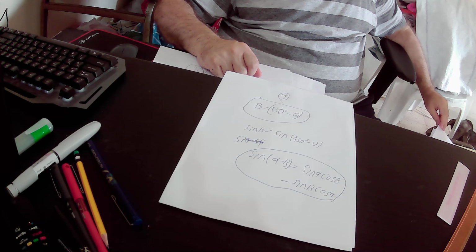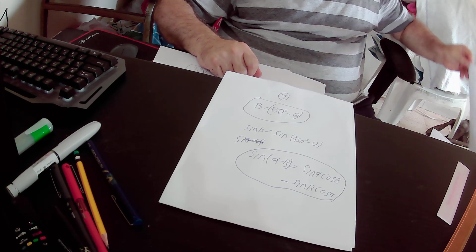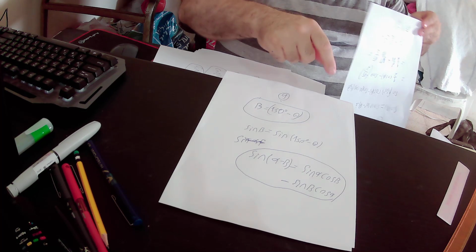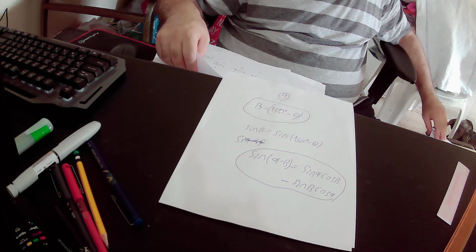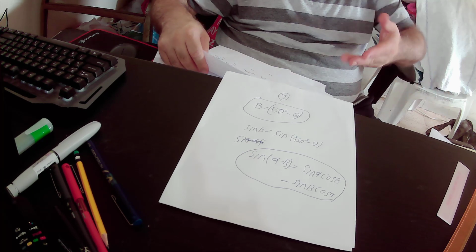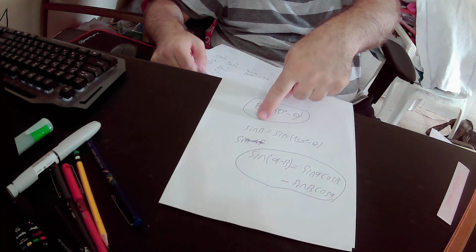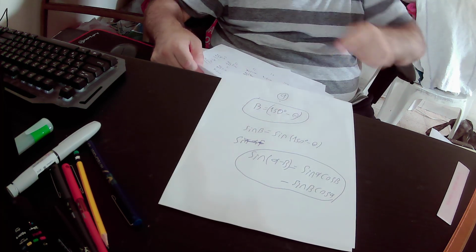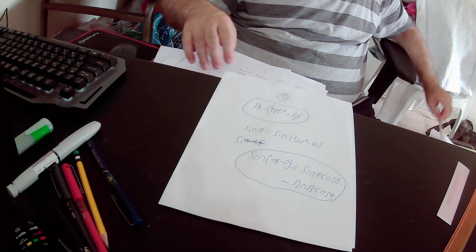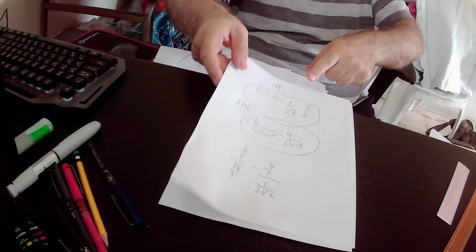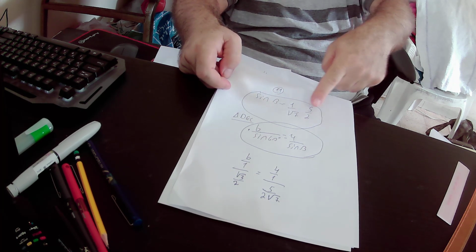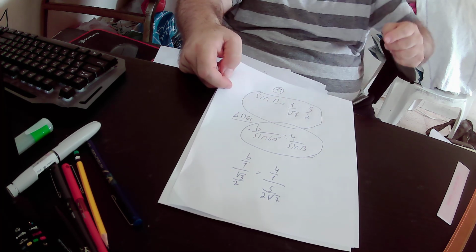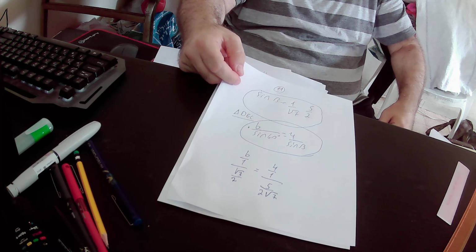So we found that the value of sine of 150 degrees minus theta, which is also the value of sine beta, is 1 times 5 over root of 7 times 2.